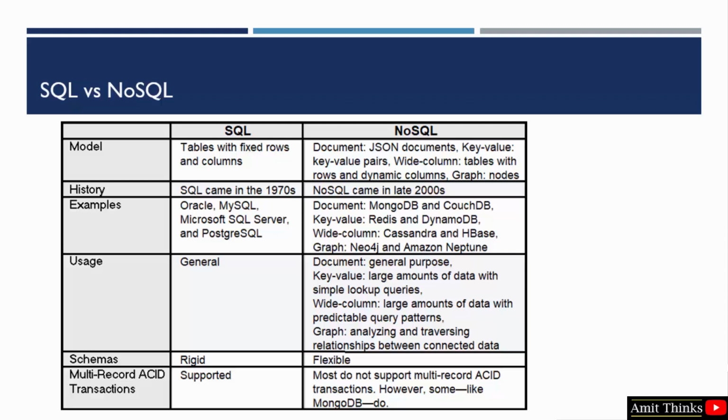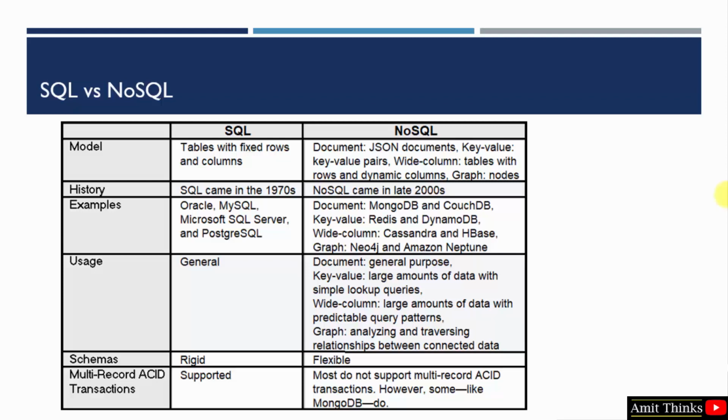Regarding NoSQL, one of the most trending databases right now is MongoDB, which is document based. We can also store data in the form of key values using the Redis database, wide column using Cassandra and HBase.